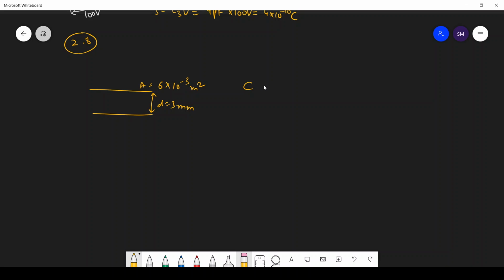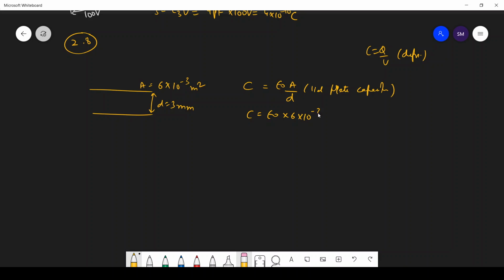So the capacitance of the capacitor is so simple, epsilon naught A by d. If you have A and d, we have this formula. This is Q by V by the definition of capacitance, and this is for the parallel plate capacitor. If A and d are given to you, you need not do anything, just put the values, but the values must be in SI units.